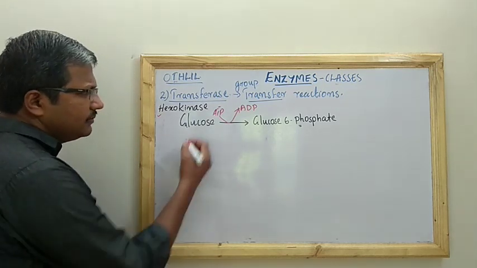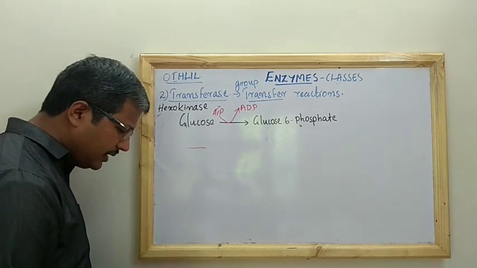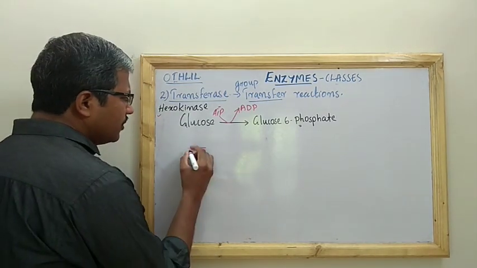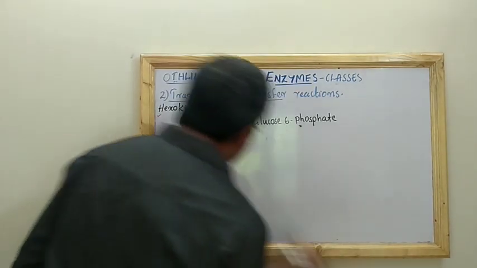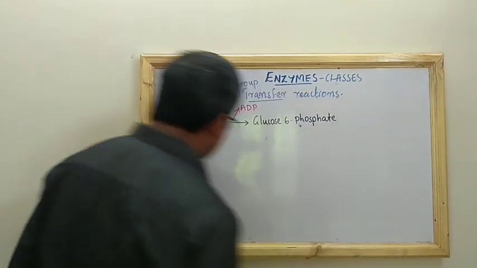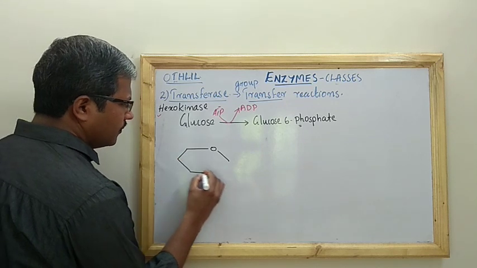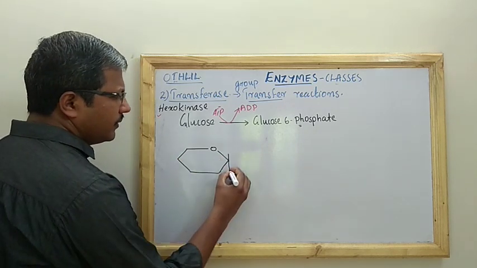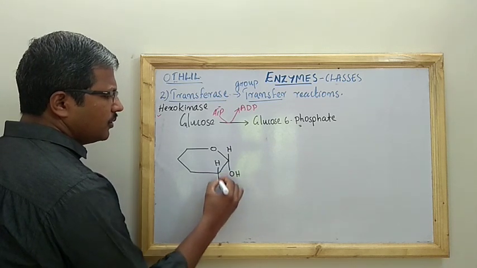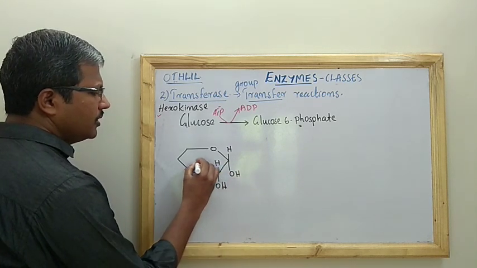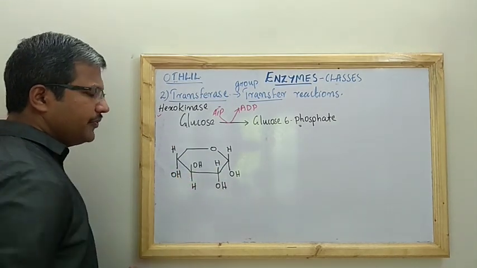Let us see the structural reaction here. You can find the glucose structure. You already remember the glucose structure because we have learned carbohydrates already. Glucose has HOH, HOH, OH, HOH. Hope you remember this structure.